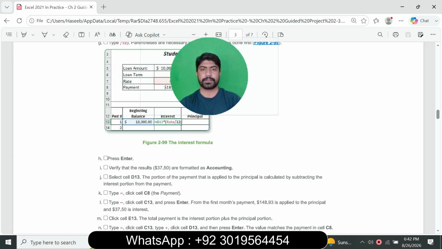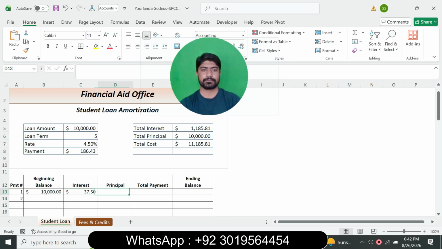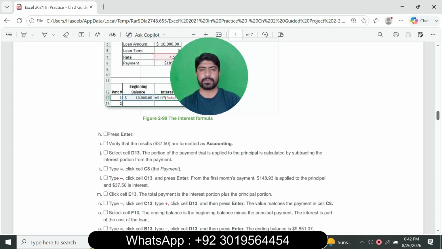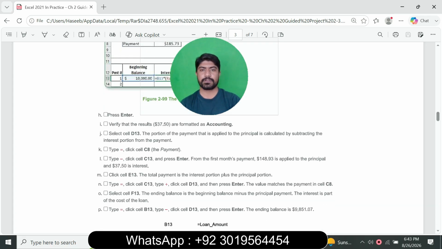Select the cell D13. The portion of the payment that is applied to the principal is calculated by subtracting the interest portion from the payment.